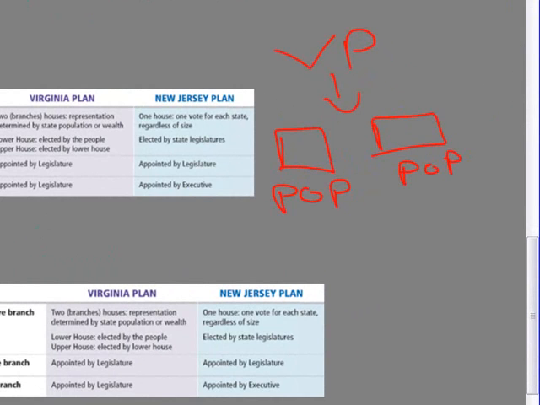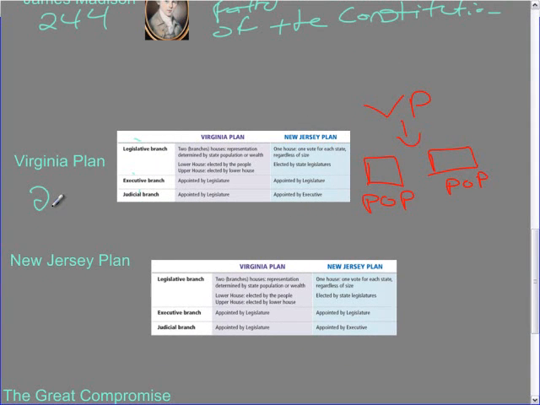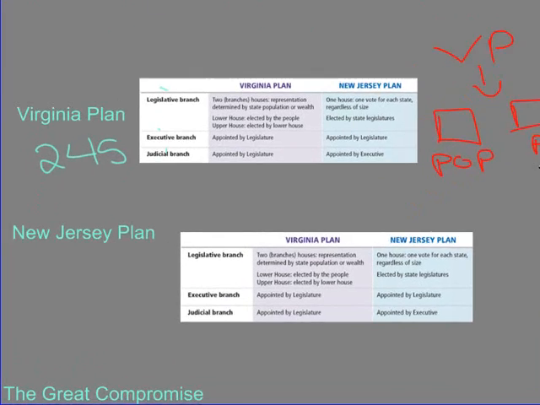This can all be found on page 245. That means the bigger the state is, the more votes you get. Because Virginia is a large state, they would have a lot of votes. Rhode Island or anybody else that's smaller would not have as many votes. So the smaller states don't like this.